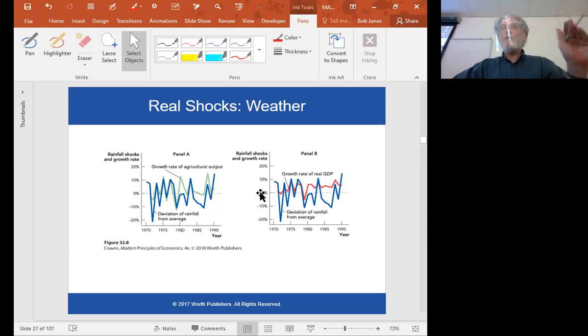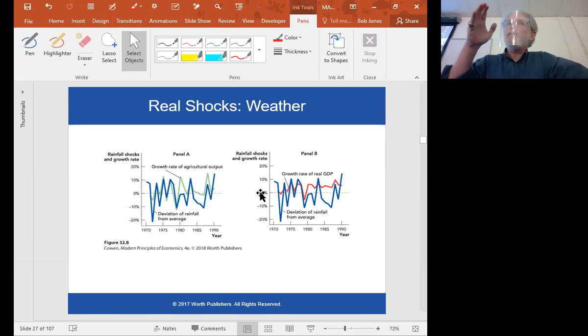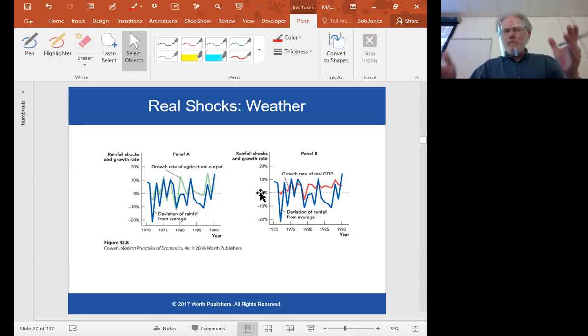But if you look at the GDP numbers for the US, it really didn't make much of a dent. So there are some factors that are very significant for the local area, but they don't have that much effect on the larger economy.